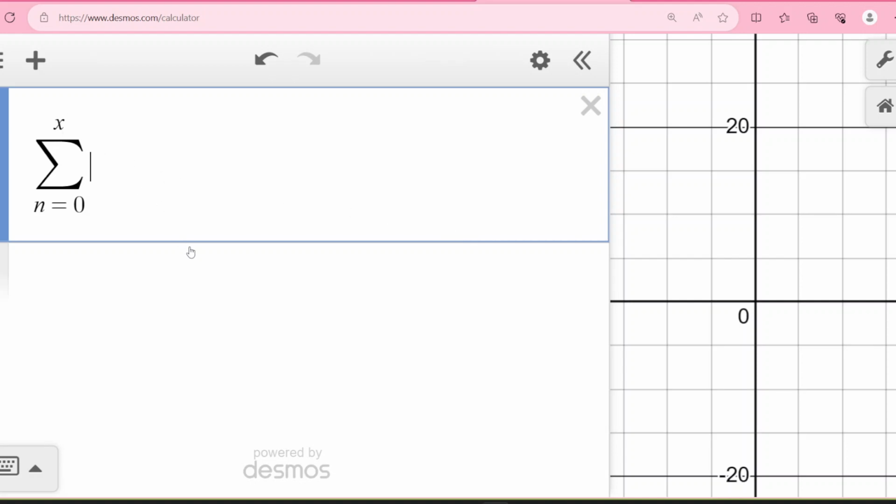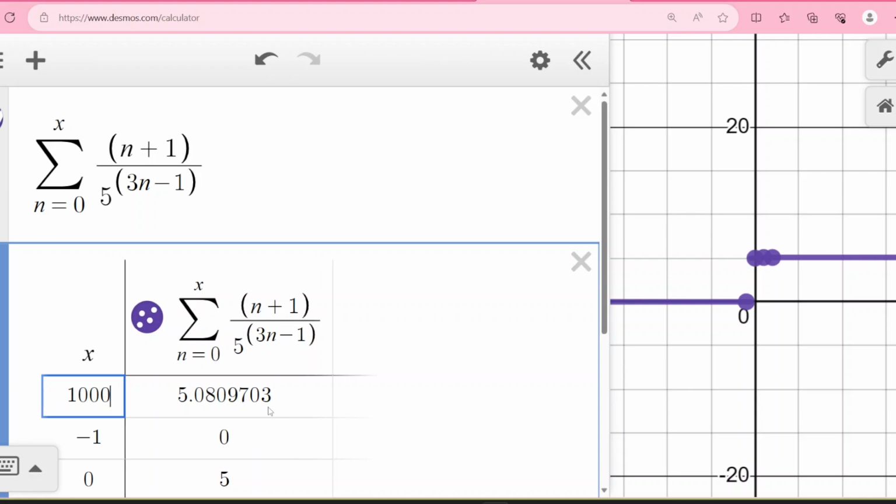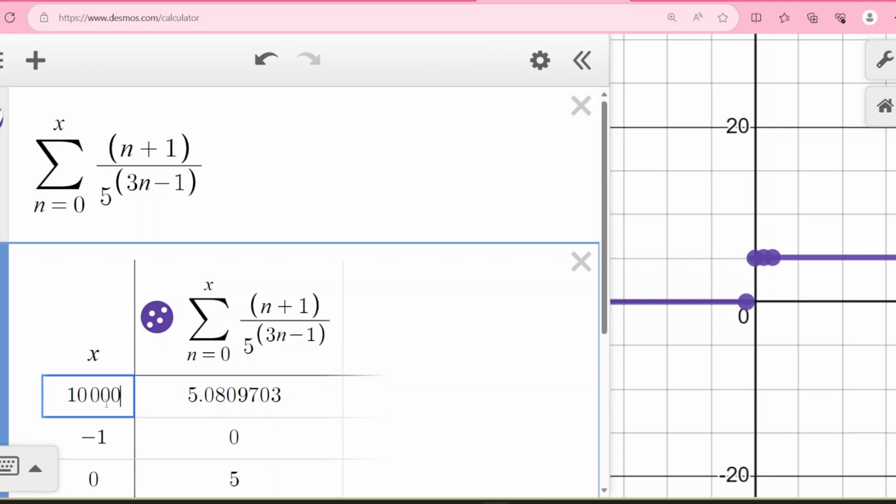Look at the table of n plus 1 divided by 5 raised to the 3n minus 1 power. And make a table for this, put in different values of x. See, the sum of the first 11 terms, from 0 to 10, will be 5.08 something. So it's 5.08 something, right? In fact, after I put in 10, the decimals aren't changing after a bit.